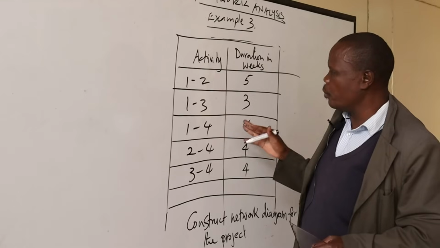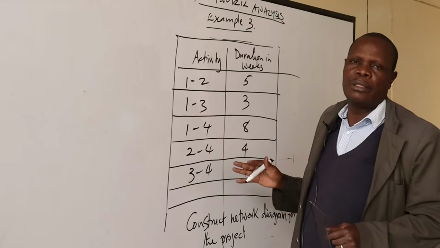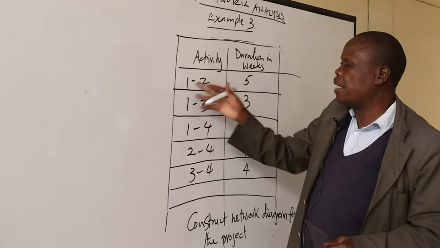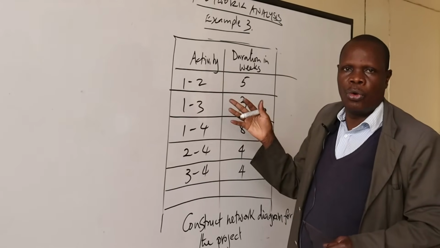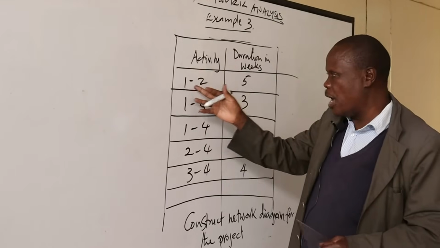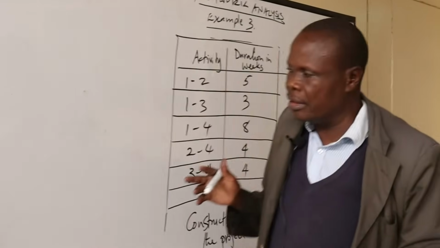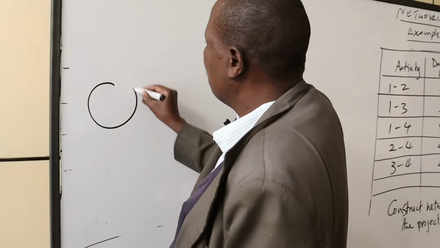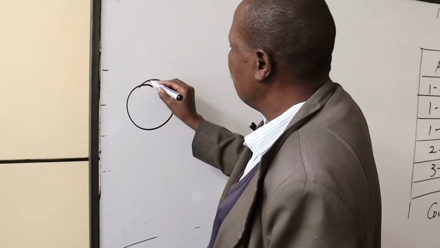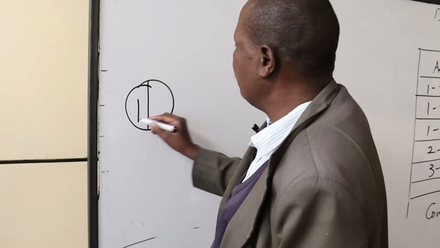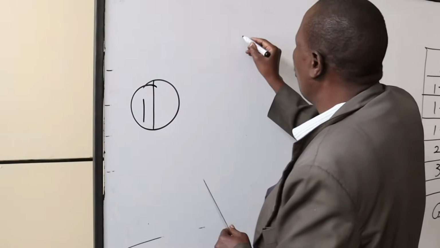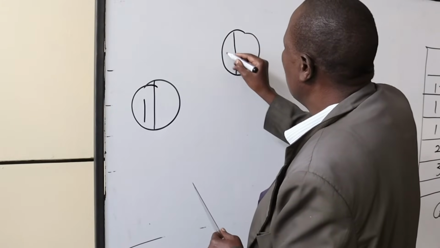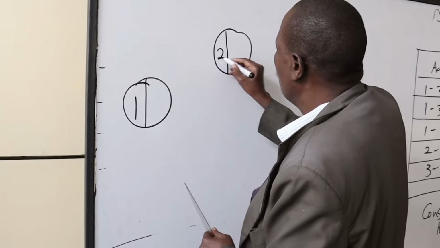We have to use the same technique to construct the network, but this one will be directed by the flow of the activities. Like activity 1 to 2, when we represent this, the network becomes this. This is activity 1 to 2.